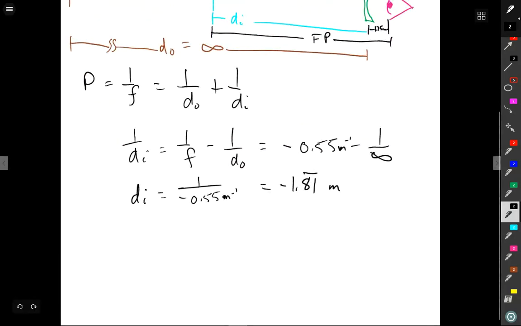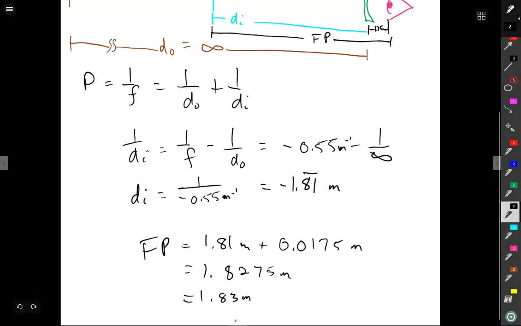It's minus because of its direction. So you have far point is equal to 1.81 meters plus 0.0175 meters equals 1.8275 meters. But of course, we don't have that many sig figs. Using correct math, that's equal to 1.83 meters.